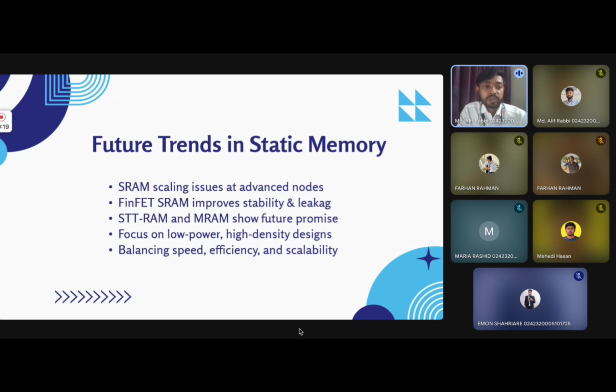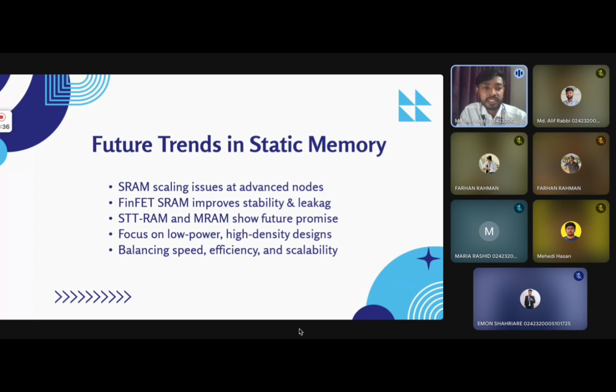Let's now explore some emerging trends in static memory technology. SRAM is facing challenges at smaller technology nodes like 7 nanometer due to leakage and scaling issues.